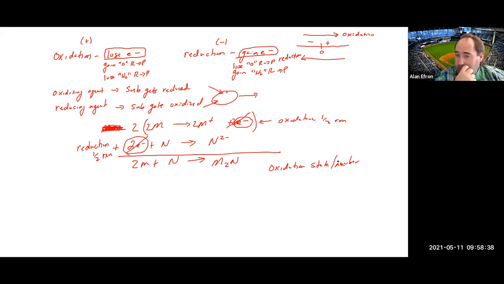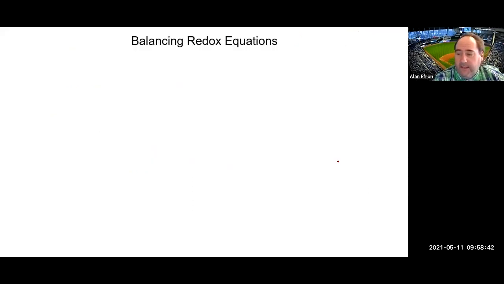Okay, so we are off to, I think we talked about oxidation numbers. So what we want to talk about now is how to balance redox reactions in a little bit more complicated situations, either acidic or basic.